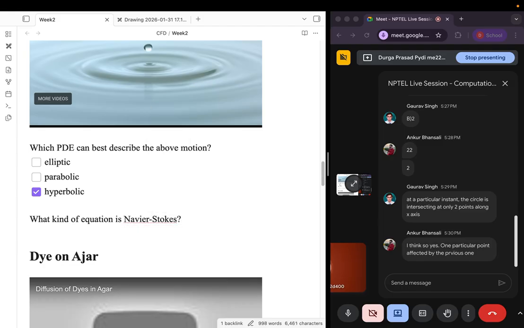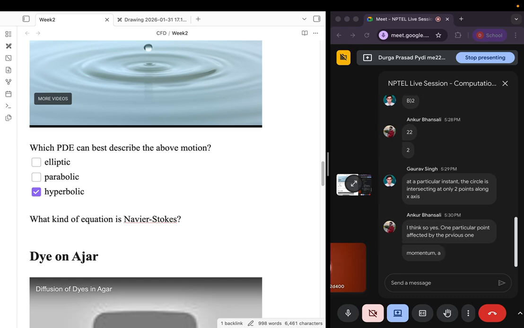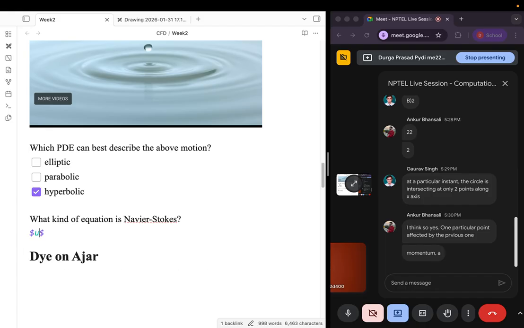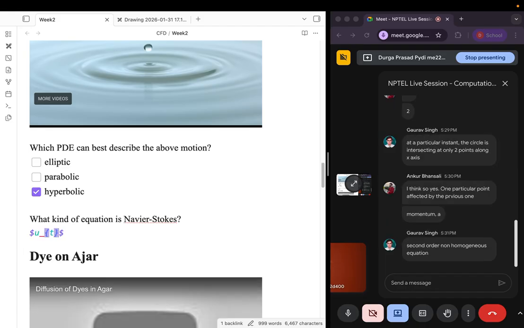Let's say the momentum equation, or let's take only the 1D form. So if we just take the 1D equation, we have the unsteady term ut, second order. I was trying to classify it as one of these: elliptic, parabolic, or hyperbolic. Yeah, it's a second order.